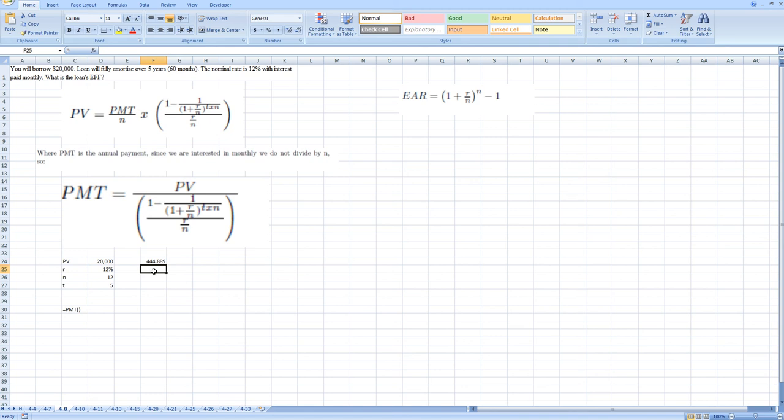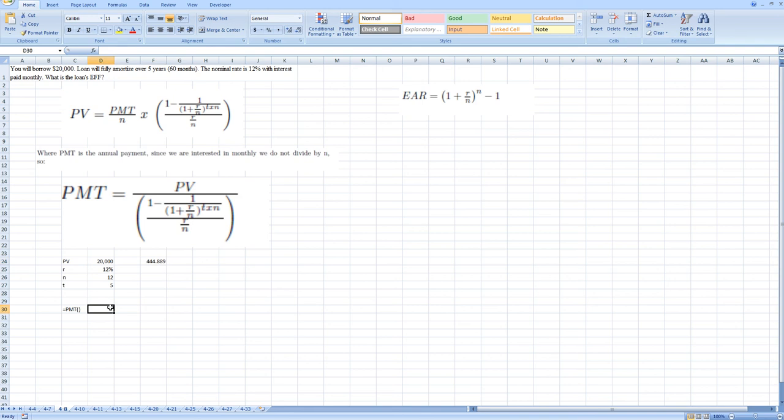Needed one more parenthesis. So we see that our monthly payment is going to be $444.88, maybe 89 cents. And that was simply by plugging values into this formula right here.